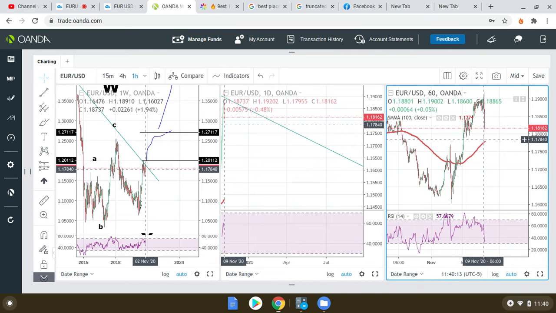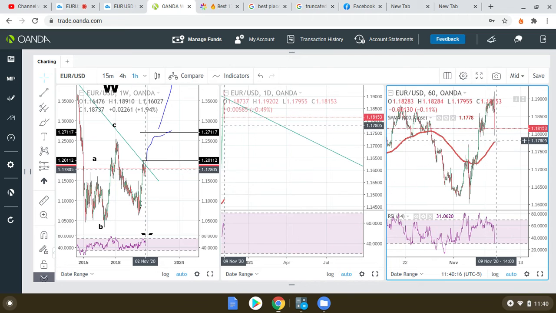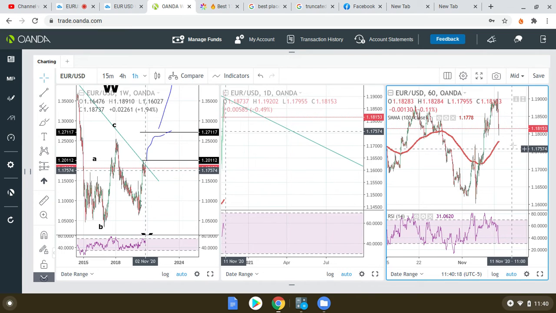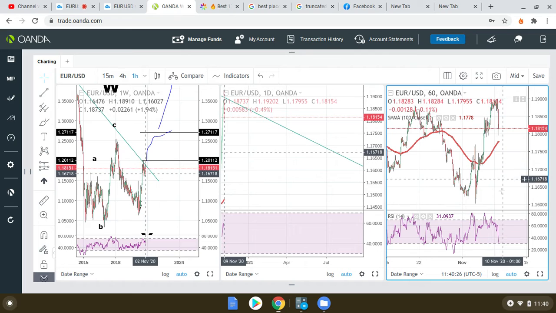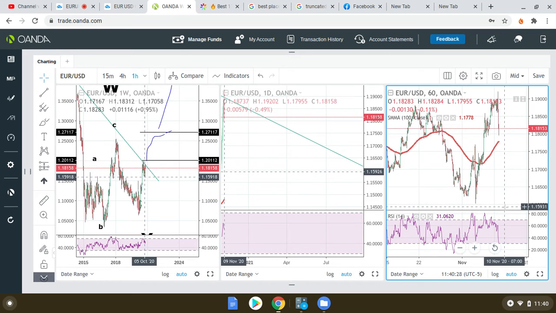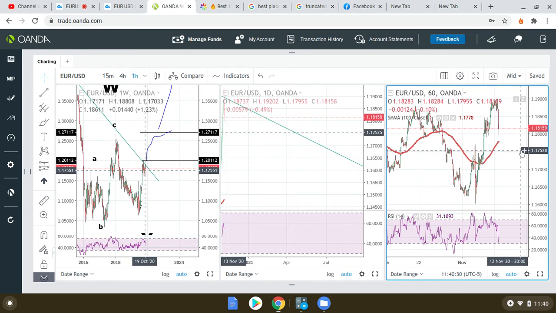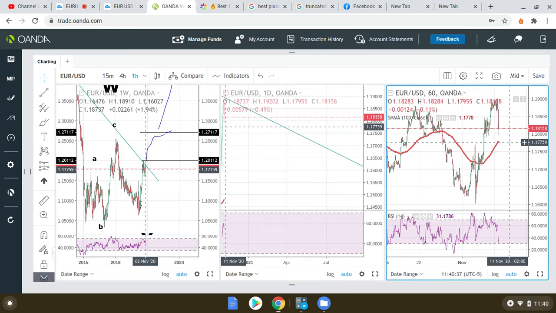So the trade setup would be to get long around 117.80 with stops. You can have tight stops or you can have a long stop. For us, we would get in around 117.80 and see how the market was reacting with that 100-day moving average before we get in.